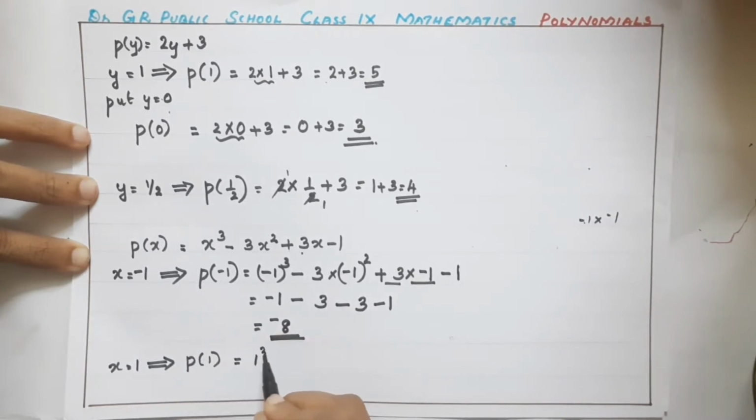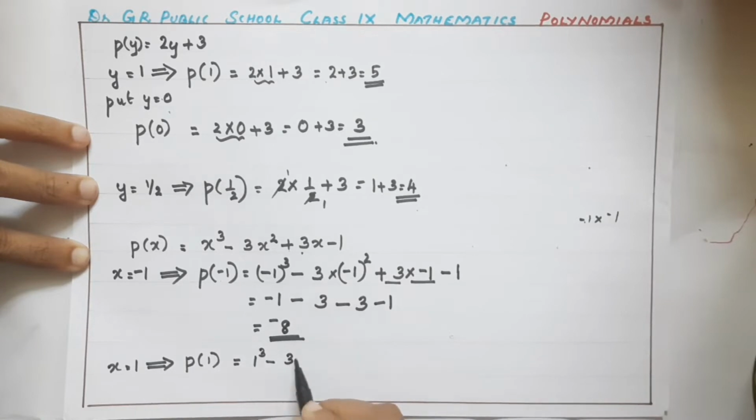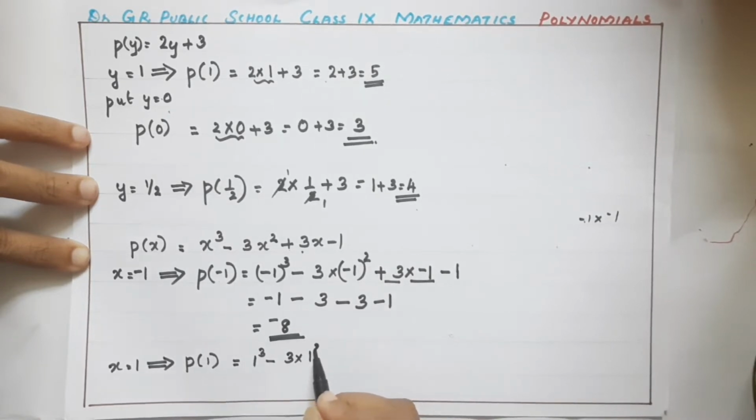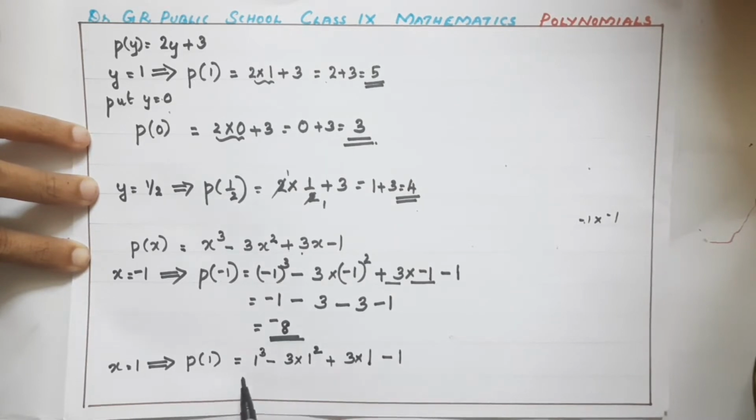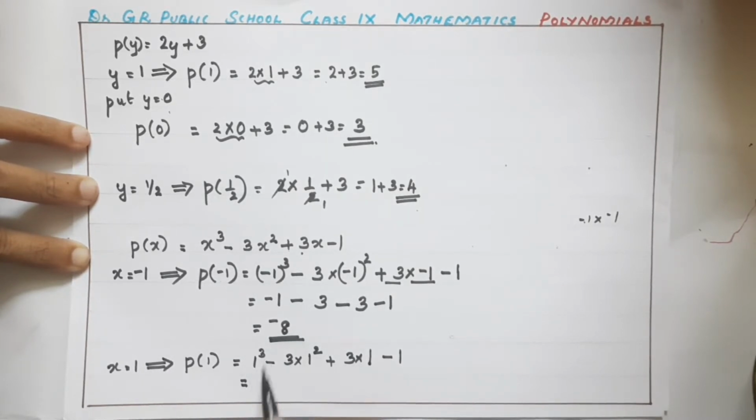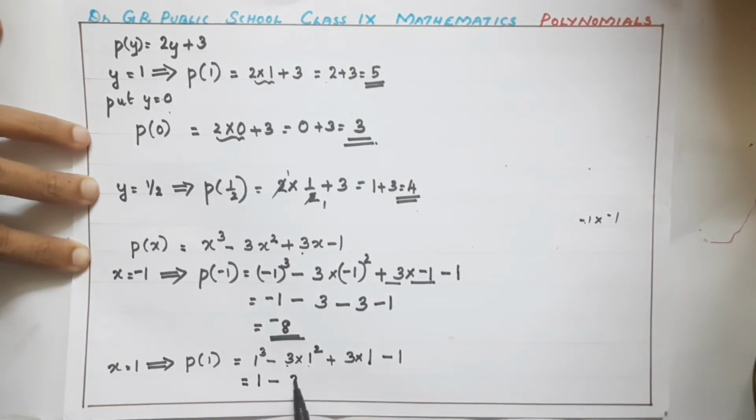So 1 cube minus 3 into 1 square plus 3 into 1 minus 1. Okay children. So it is equal to 1 cube is 1. 1 square is 1. 1 into 3, 3 minus 3.